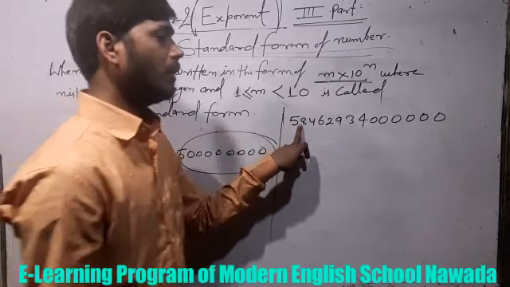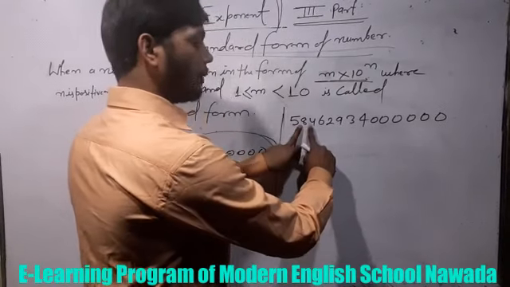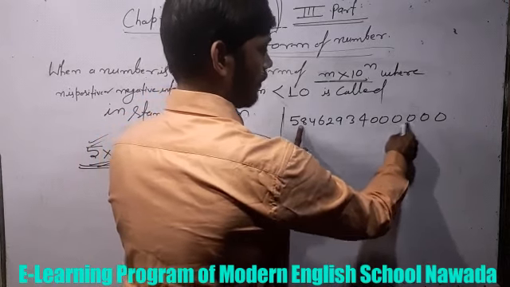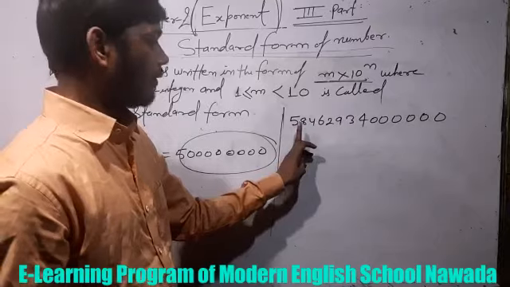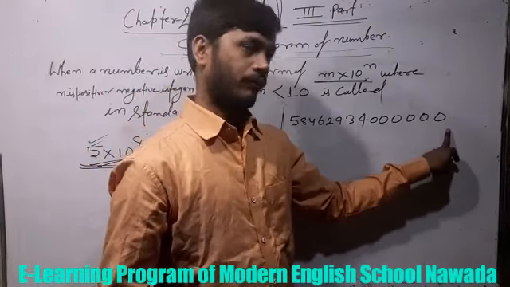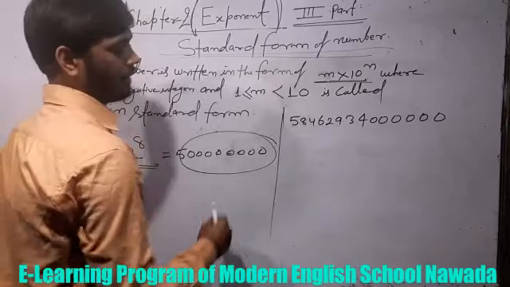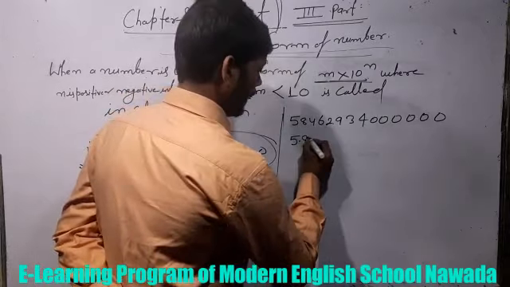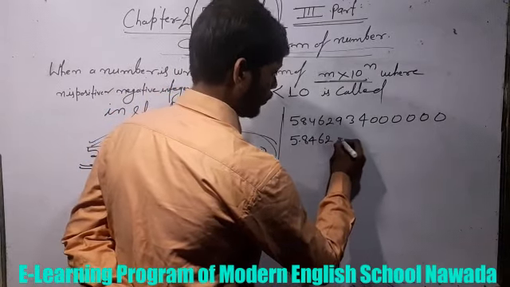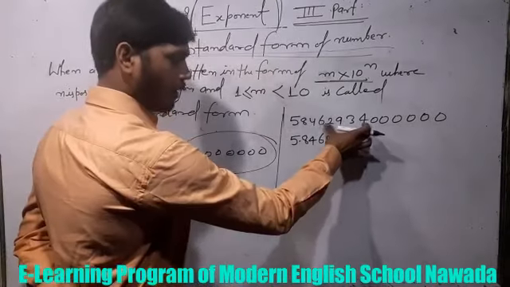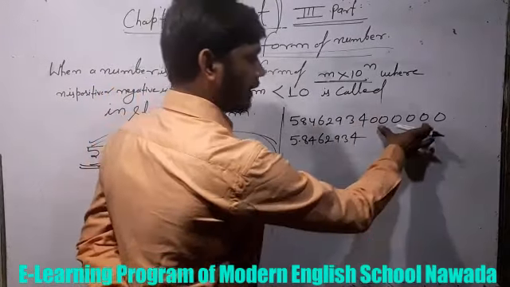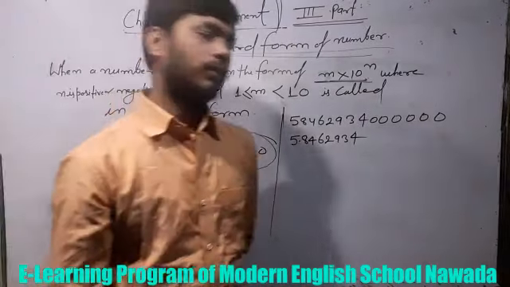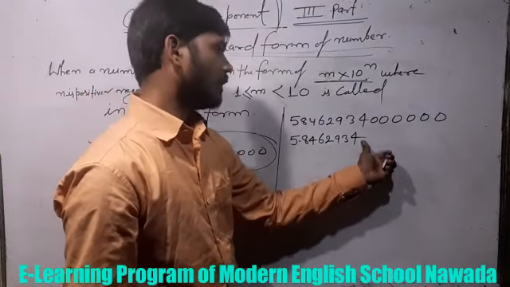After the 5, count how many digits: 1 2 3 4 5 6 7 8 9 10 11 12 13. After 5 there are 13 digits. So it can be written as 5.8462934. Here all these are digits and the rest are 0. You know the zeros after the decimal are not written in a decimal number.